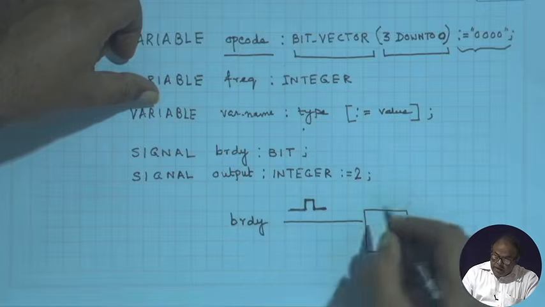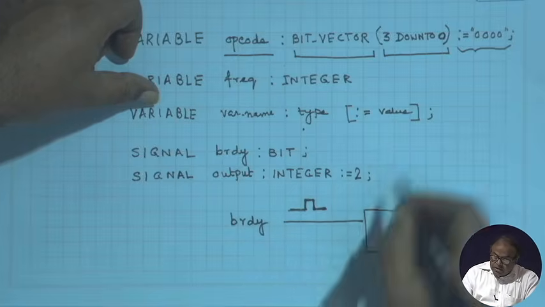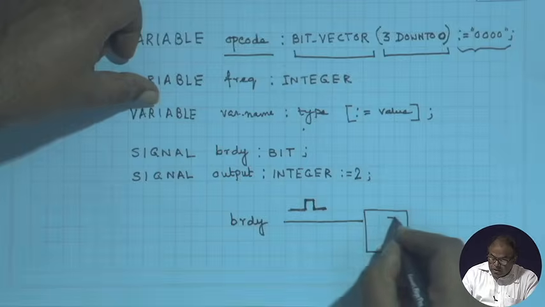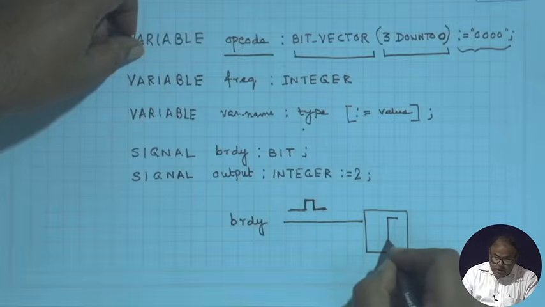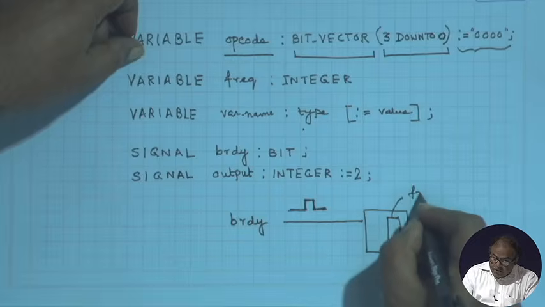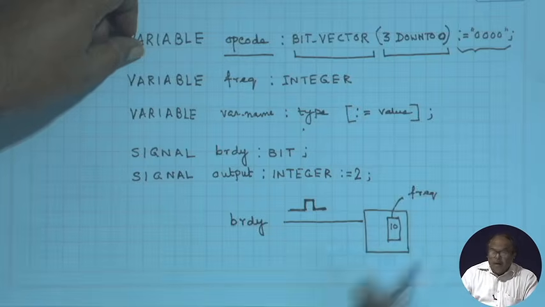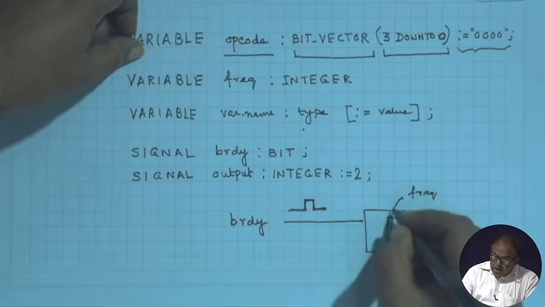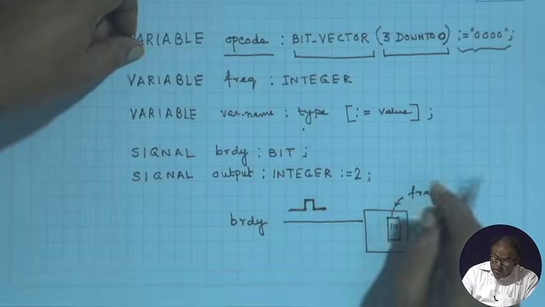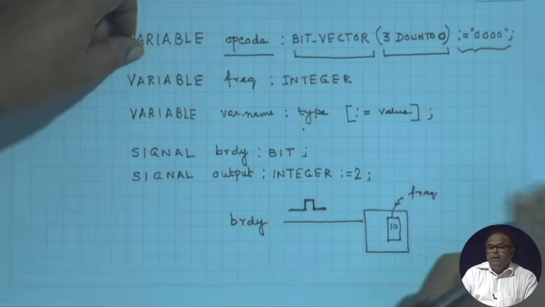On the other hand, if some programming was done and there was some variable like frequency, which was set to some value 10, then that remains even after I complete loading of this variable, just as it remains in this.